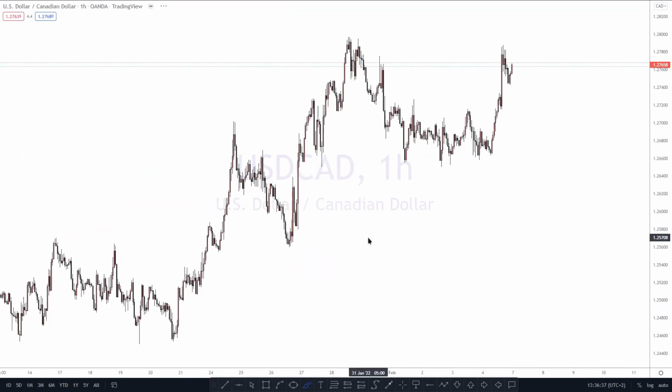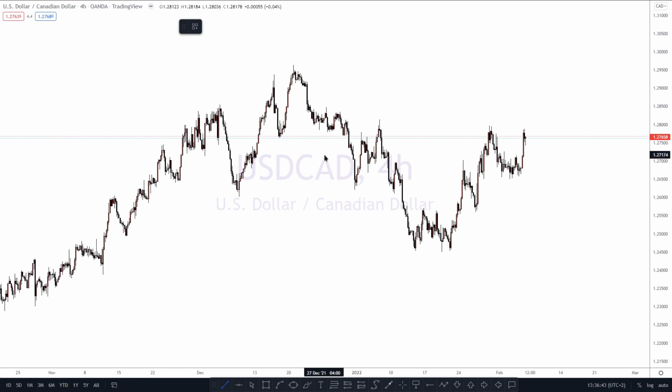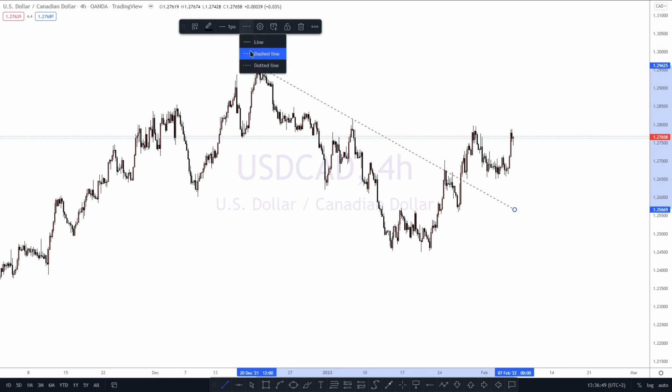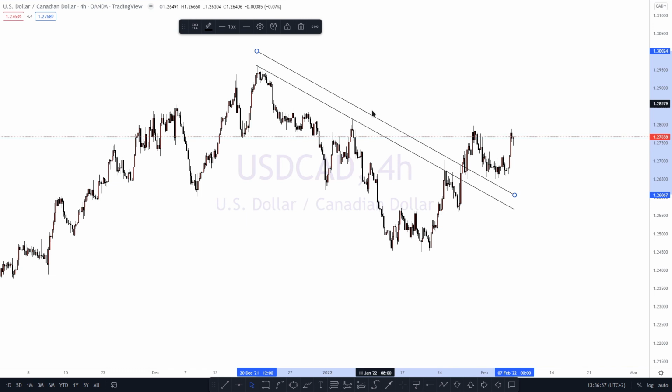Just going to go back to the 4 hour. We anticipated a bit of a sell, but we didn't see this movement. And looking at it right now makes more sense than the sells that we anticipated.